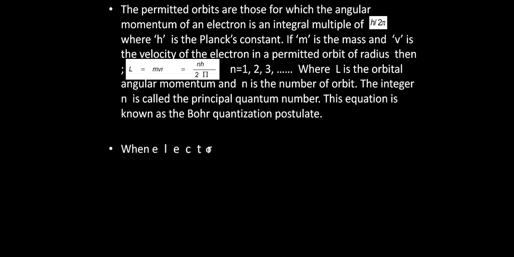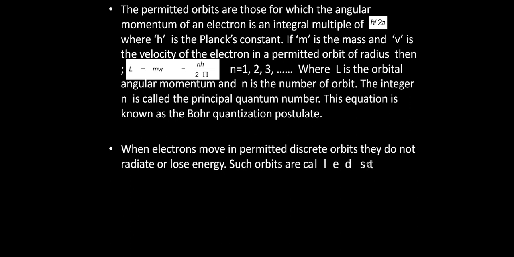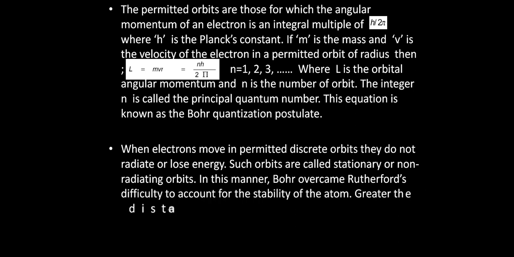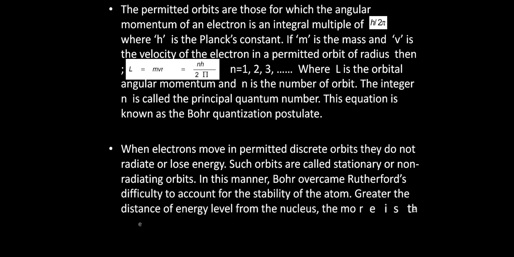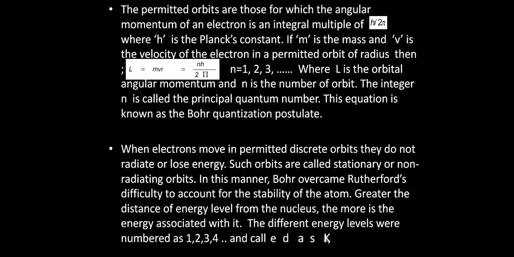The next postulate says, when electrons move in permitted discrete orbits, they do not radiate or lose energy. So according to Bohr, if the electron is revolving in a permitted orbit, then it never loses energy. Such orbits are called stationary or non-radiating orbits. We call it a stationary orbit because the energy of those electrons will be fixed.